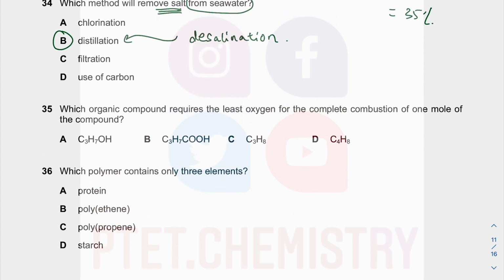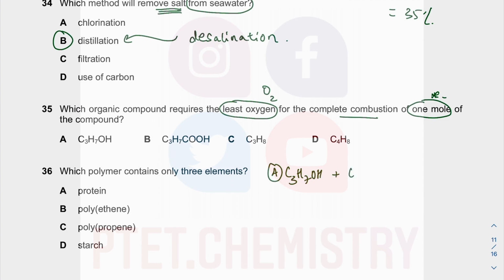Number 35, which compound requires the least oxygen for combustion? We are talking about molecular oxygen in the air for 1 mole, so you want to combust only 1 mole of the compound. Let's just start balancing the equation.